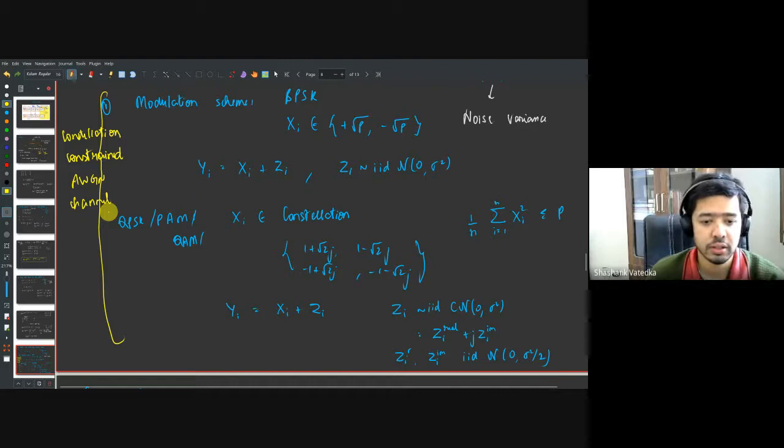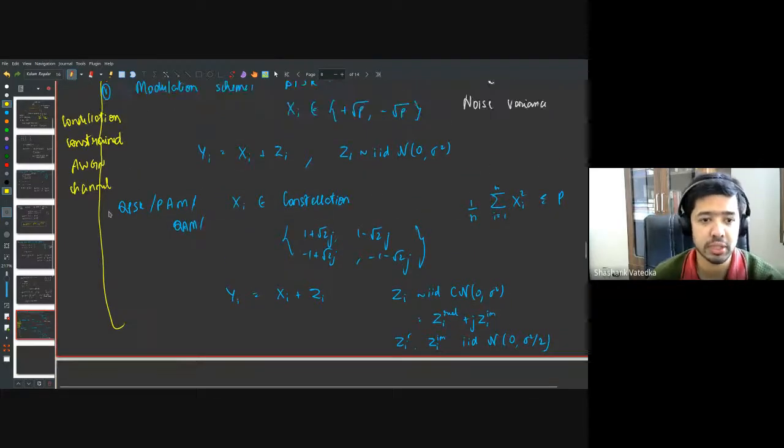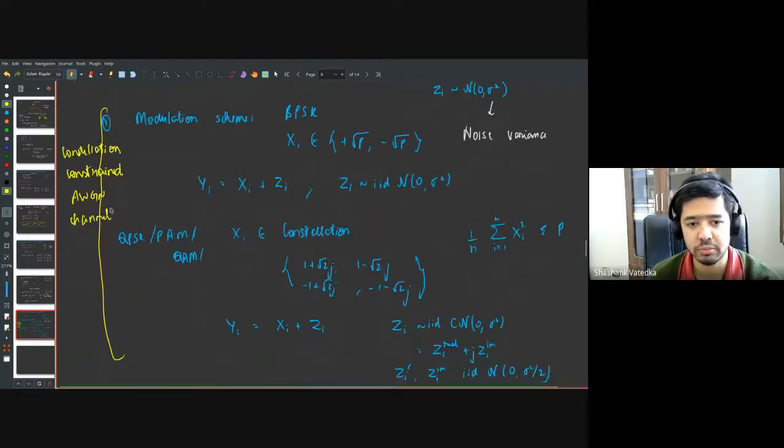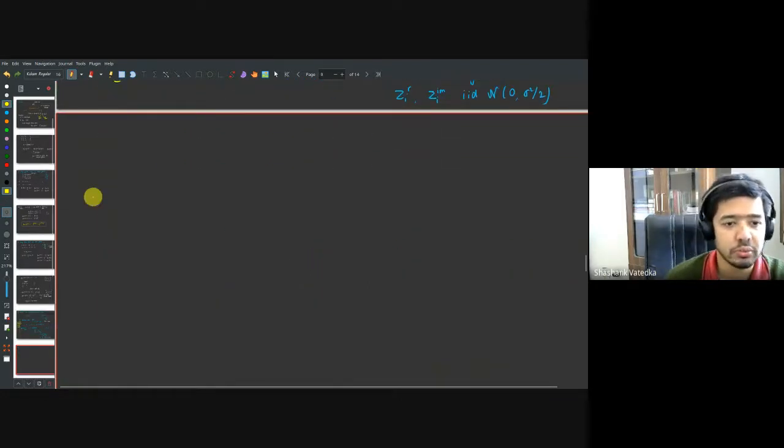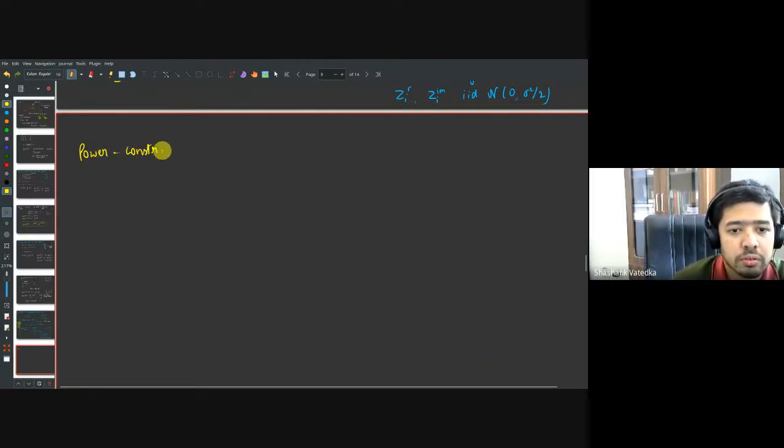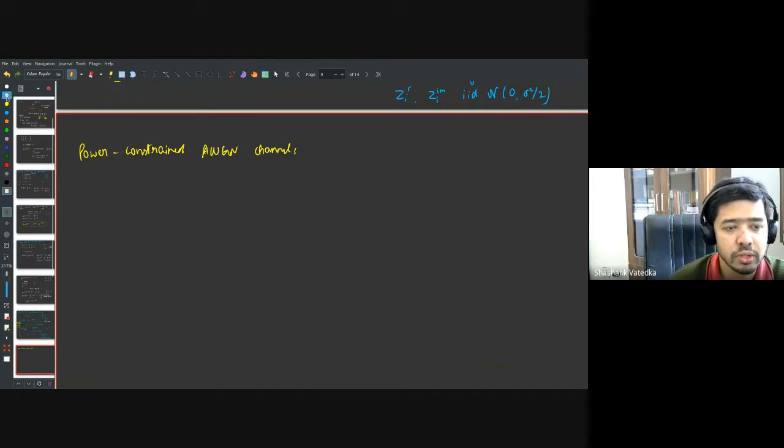All right, so this is what is commonly studied, but what is perhaps more commonly studied is the power constrained AWGN channel, which is the following.